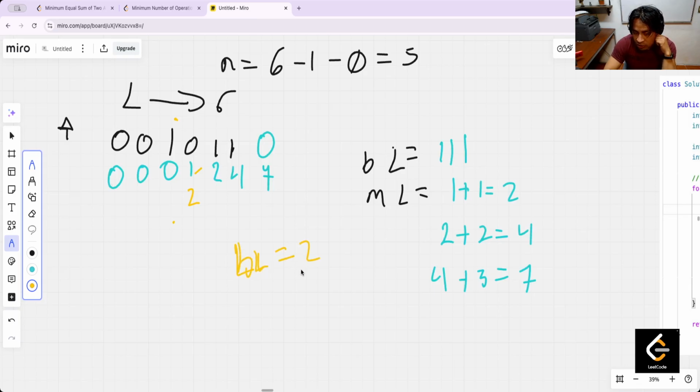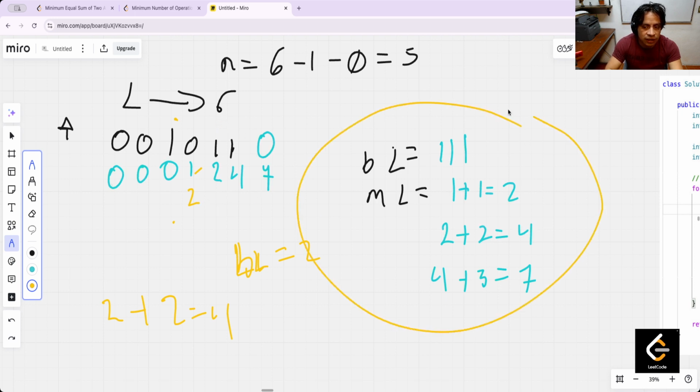PL, it's equal to move to left, in this case is the previous 2 plus 2, it's equal 4. Means that for reach this, for move all the ones in this side to this position is 4. 1, 2, 3, 4. Okay, I think that this is really, really brilliant.